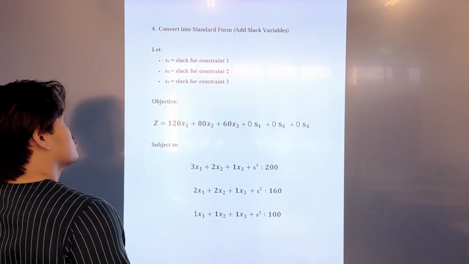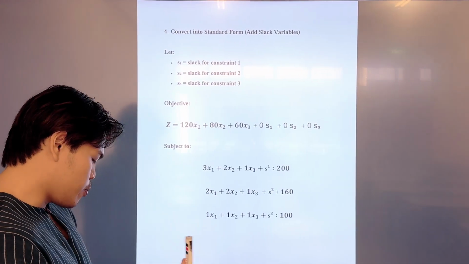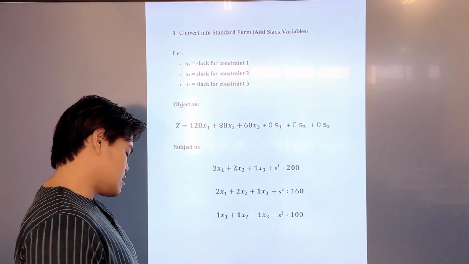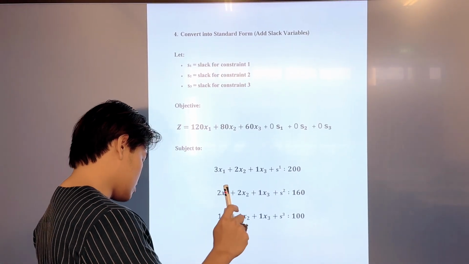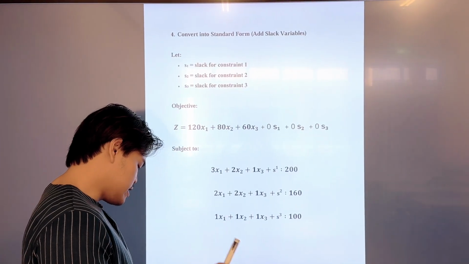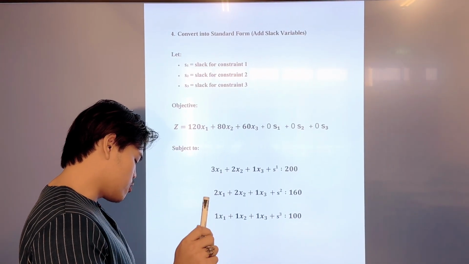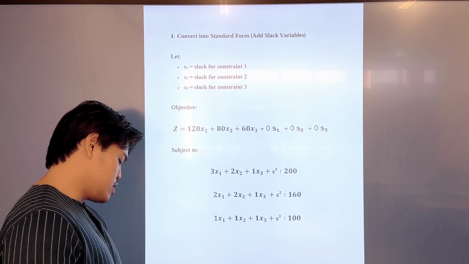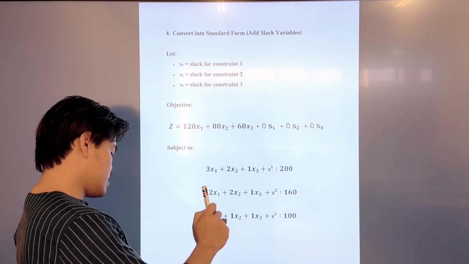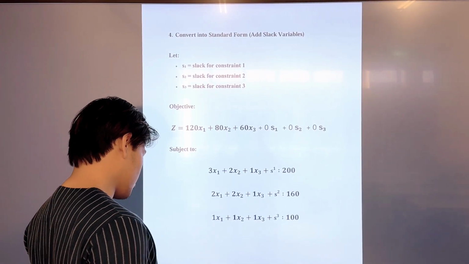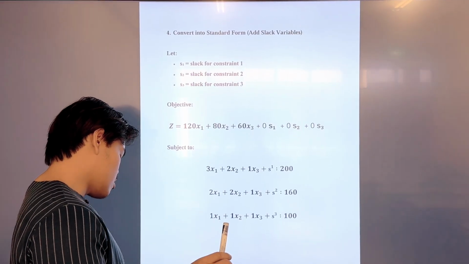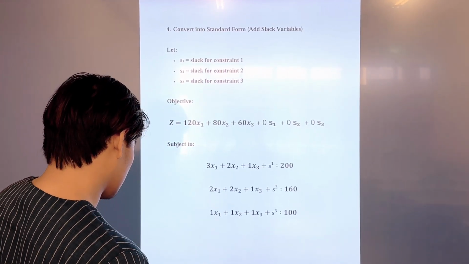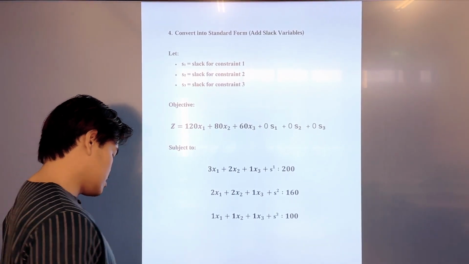Okay. To solve this problem with the simplex method algorithm, we must convert our inequality constraints into equations. We accomplish this by adding slack variables, which mathematically represent the unused or leftover production hours in each operation.